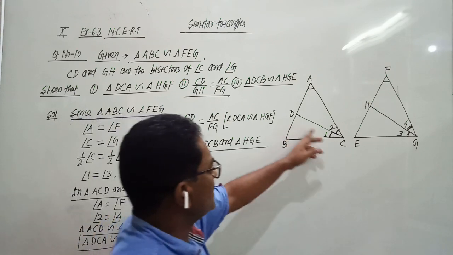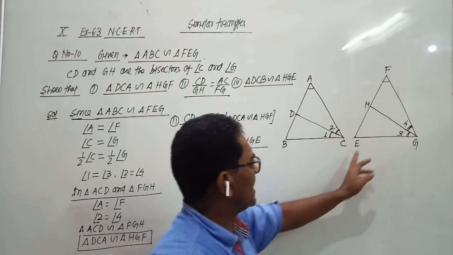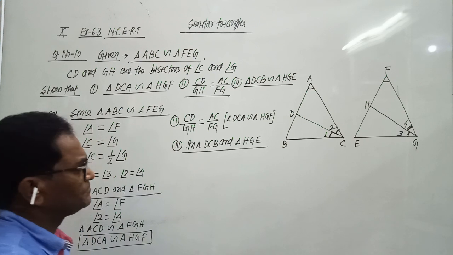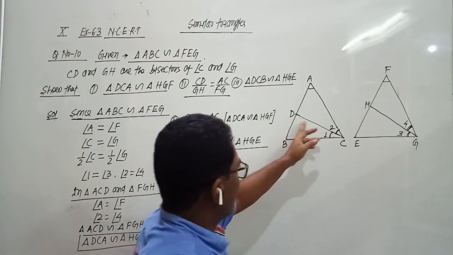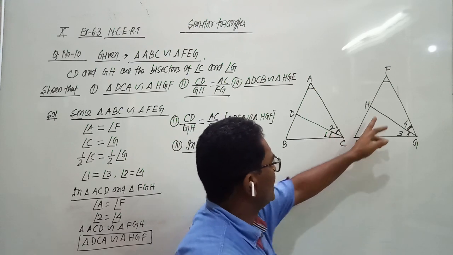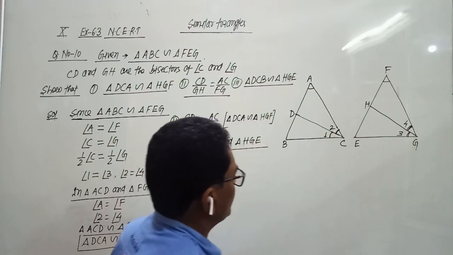In triangle DCB and triangle HGE, in triangle DCB, angle 1 equals angle 3.